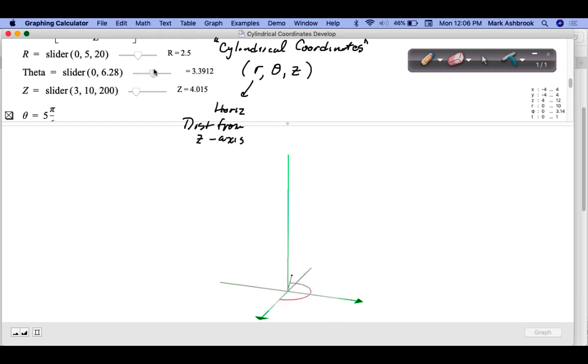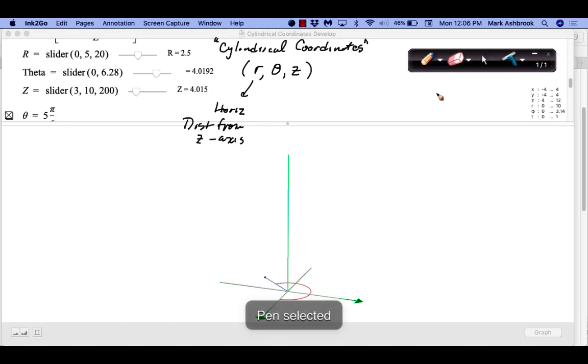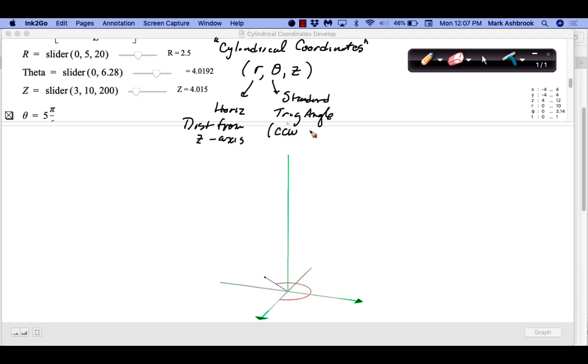So our standard trig angle is theta, the angle swept counterclockwise from the x-axis. And then z is our standard up and down from the xy plane.